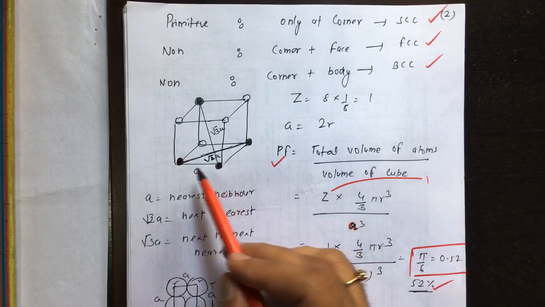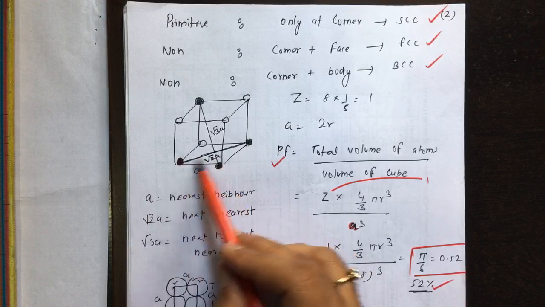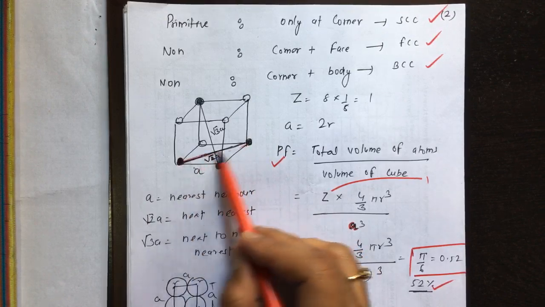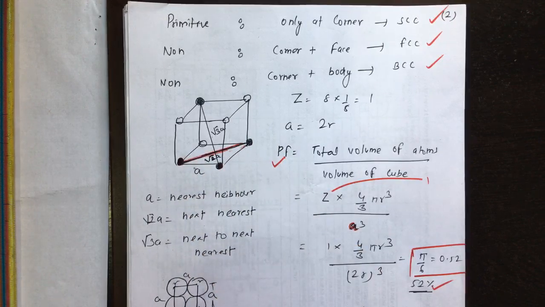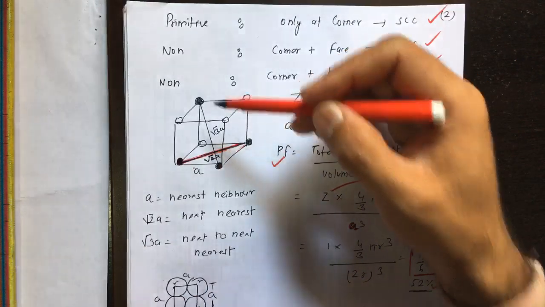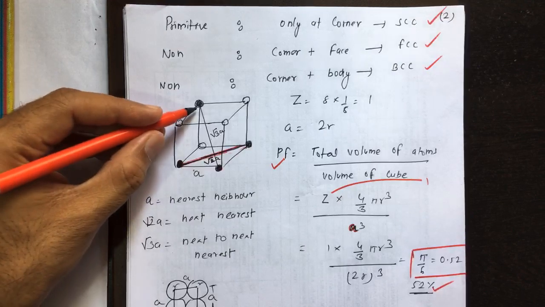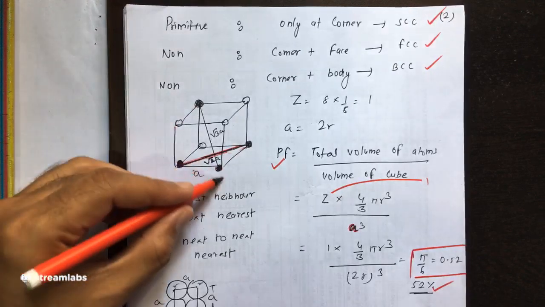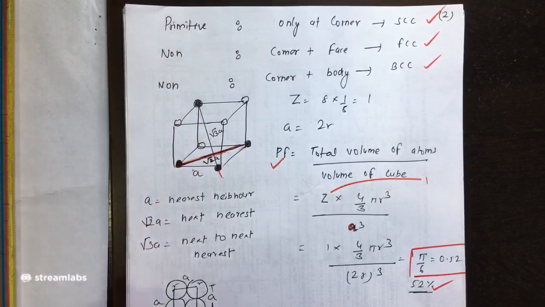The next nearest is, if this is A, this has to be root of 2A. This is called the next nearest, which is along the face diagonal. And the next to the next nearest neighbor comes along the body diagonal. From here till here, this is root of 3A, which is called next to next nearest.